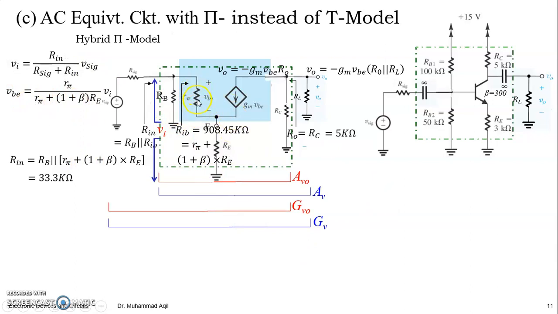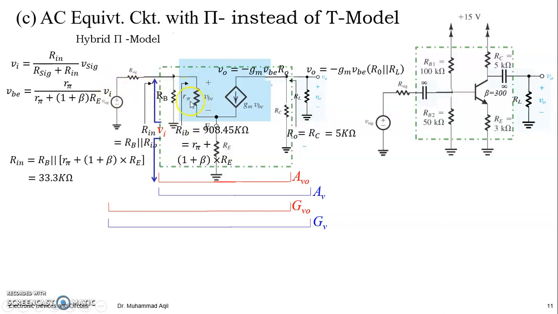But how about VBE? Because VBE would be a part of this Vin. Vin will be developing across RB and its parallel resistance RIB. But RIB having the same voltage, part of this voltage will be appearing at VBE. So we have to find this, right?